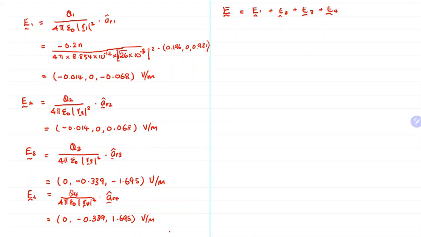Just do a vector addition of all these electric fields, and you should get (-0.027, -0.678, 0) volts per meter.